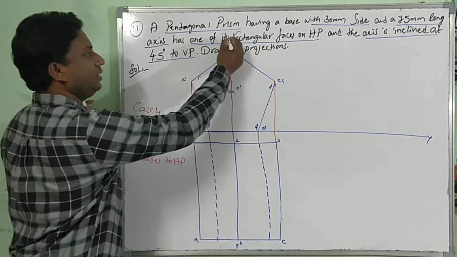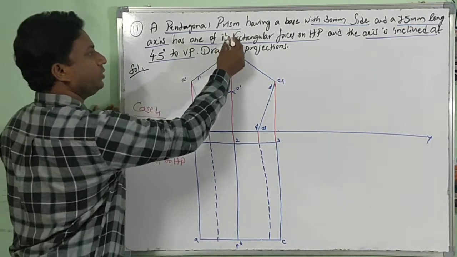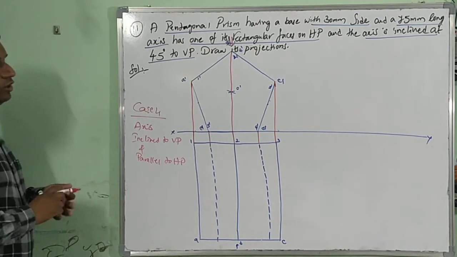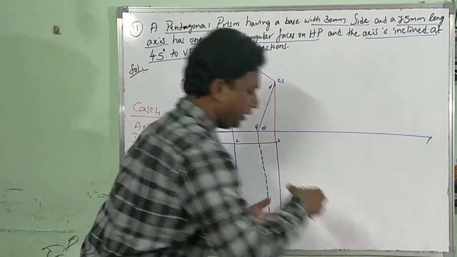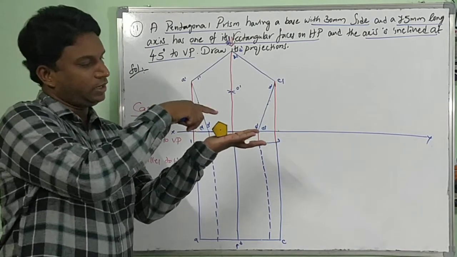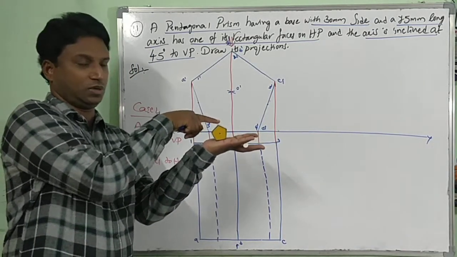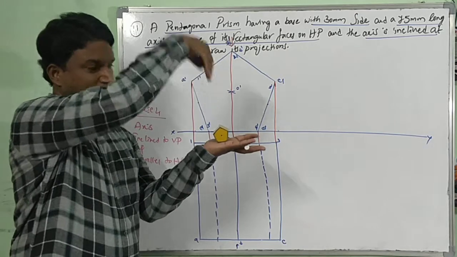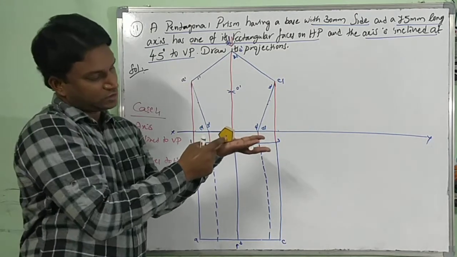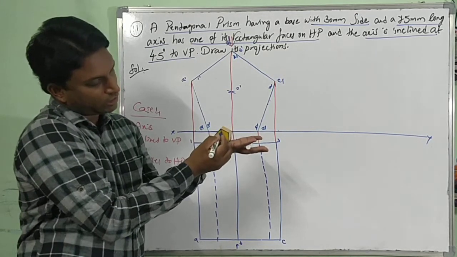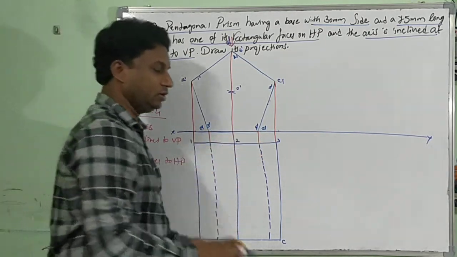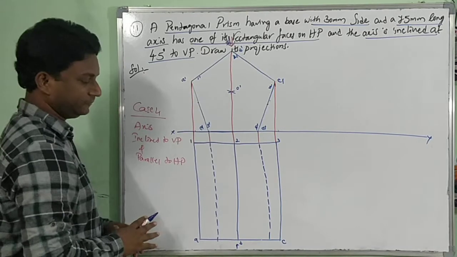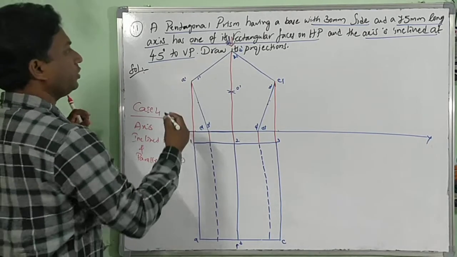When I am looking from here, B dash 2 dash is a line, right? B dash 2 dash, this one. When it goes to the top view, the center and this are both in the same line, so the axis is being dominated. If you want, you have to give dimensions here.